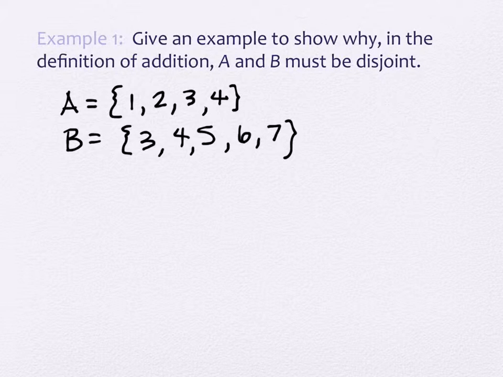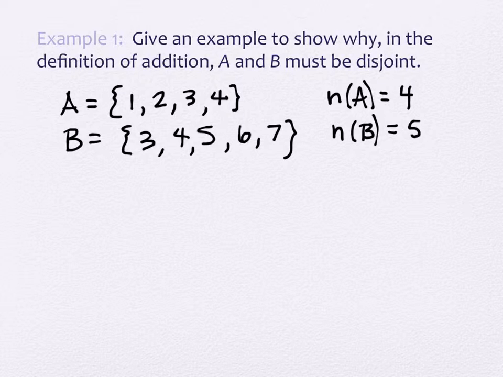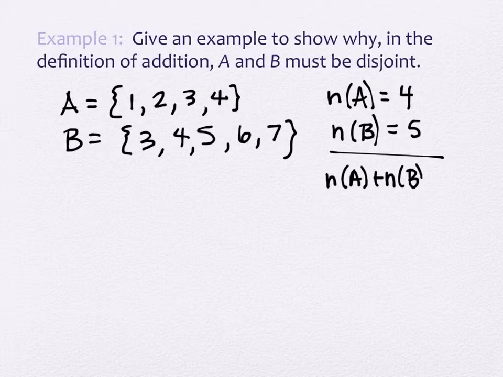All right, so what is the cardinal number of set A? 4. There are 4 items in set A. What is the cardinal number of set B? It's 5. And if I find the sum of the number of elements in A plus the number of elements in B, what do I get? 9.